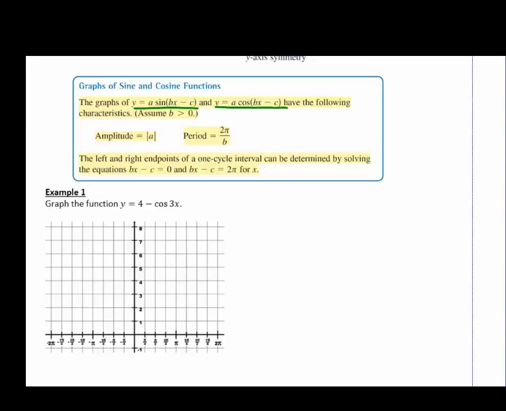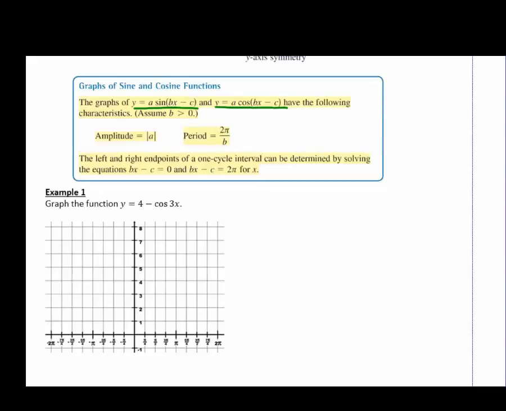Our amplitude is the absolute value of that coefficient of the function, because if it's a negative value, then that actually means that we have a reflection over the x-axis. And so the amplitude is just the vertical stretch that our function has.